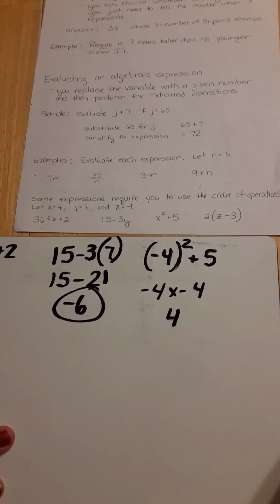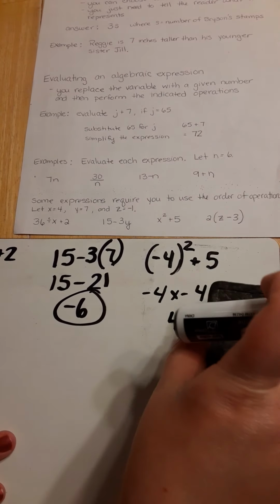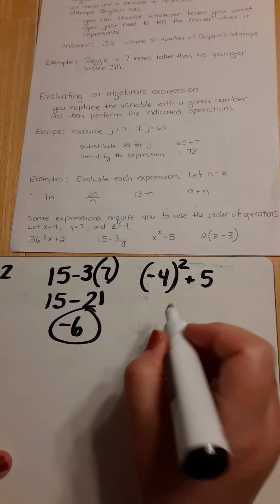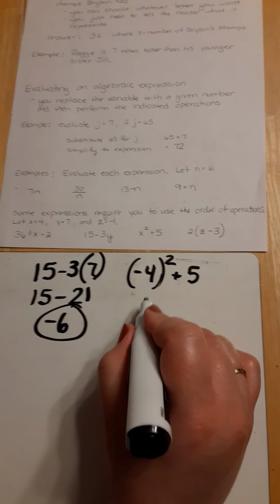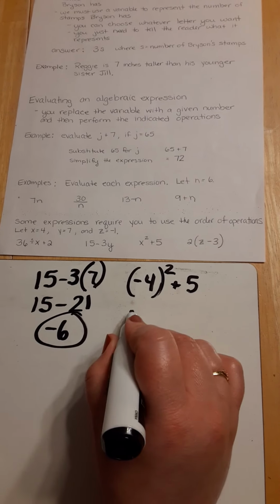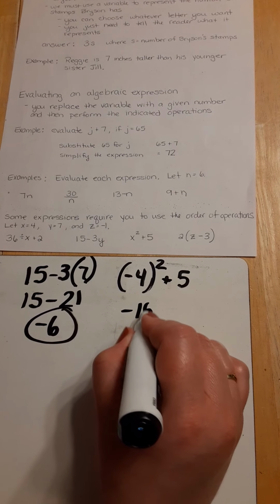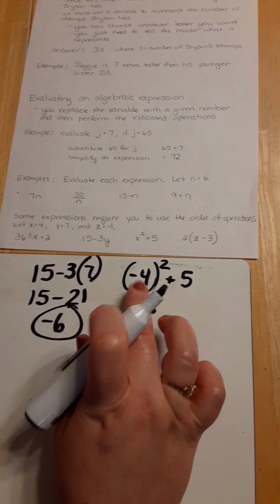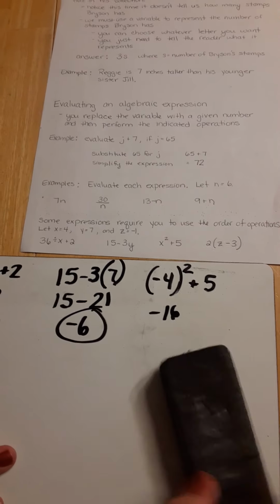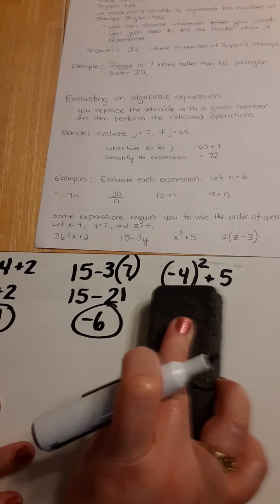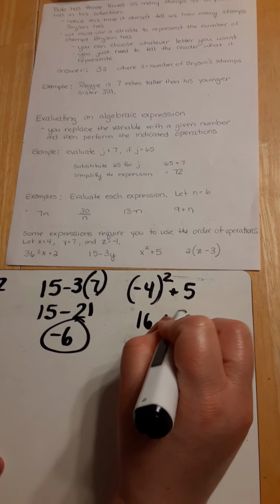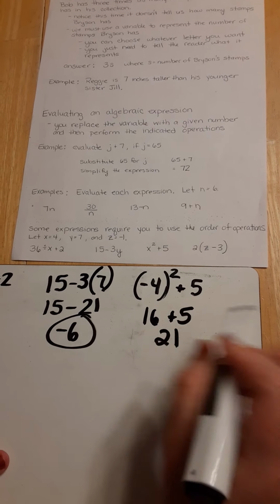If you only squared the number, you'd get a negative, but it should be a positive 16. So remember, when you're squaring it, you're squaring the whole entire number along with the negative. If you got negative 16, that would be wrong. So in this case, it's positive 16 plus 5, which gives me 21.